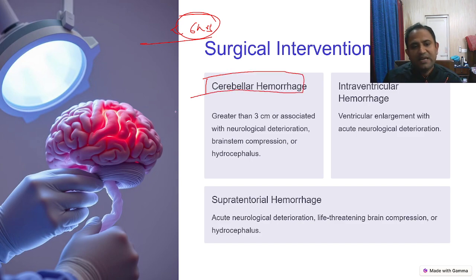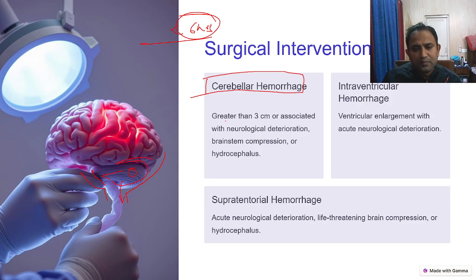The cerebellar hemorrhage, because the posterior fossa, as I told you, is a very confined space with very limited capability of expansion or controlling the ICP. There is a tentorium cerebri over here, there is a foramen magnum over here. If you don't control it, either it will press the brainstem ahead, causing compression of the vital structures of the brainstem, or it will herniate through the foramen magnum.